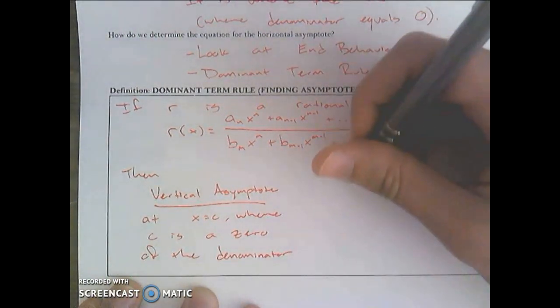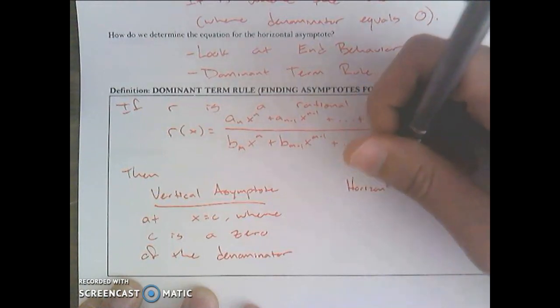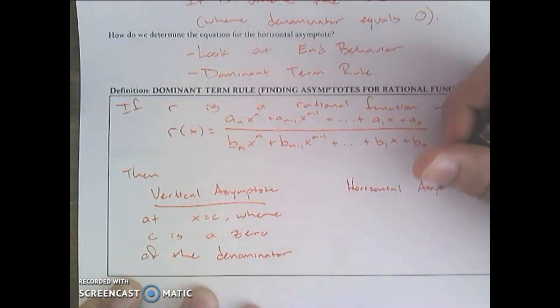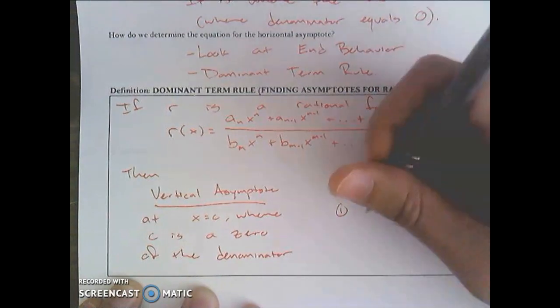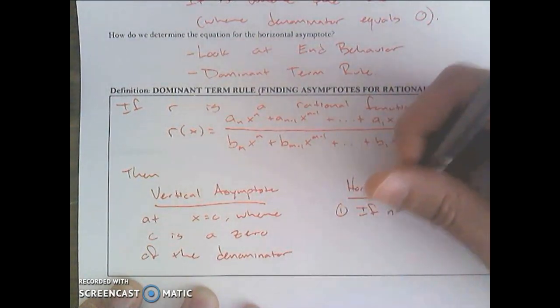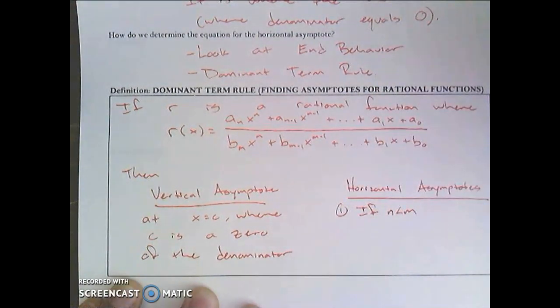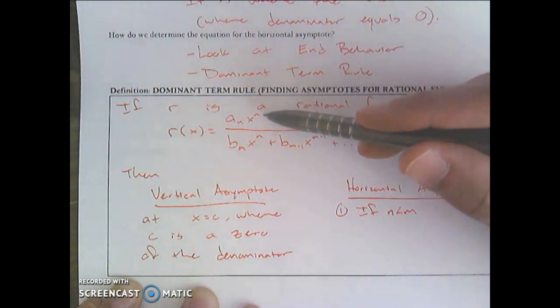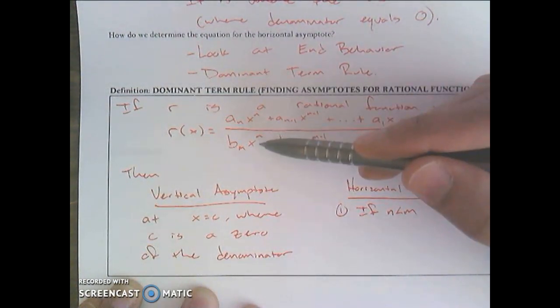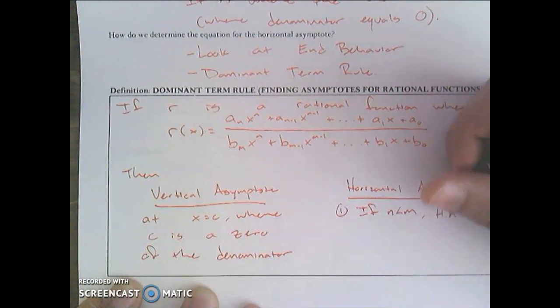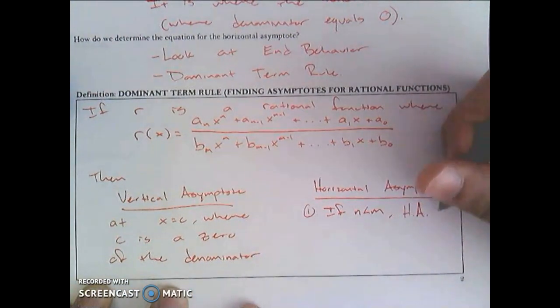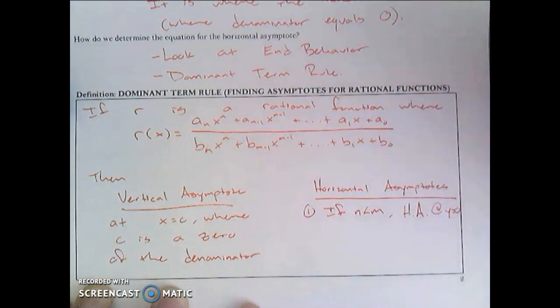What about the horizontal asymptotes? Well, we consider three cases. The first case is if n is less than m. So we're saying that if the degree of the numerator is less than the degree of the denominator, then the horizontal asymptote, I'll abbreviate HA, is at the line y equals 0.